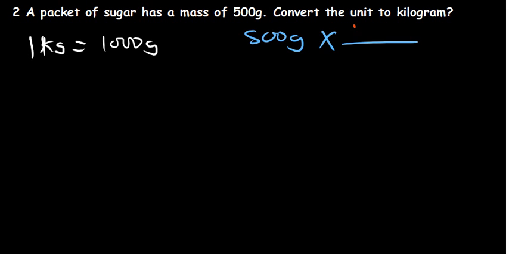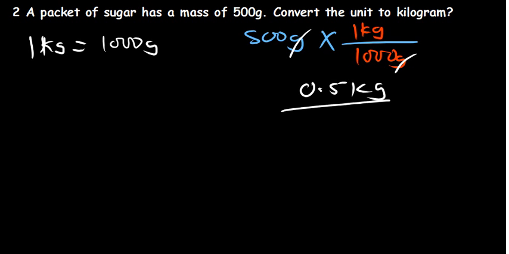In 1 kg, how many grams do we have? We have got 1000 grams. So now we can clearly see that gram and gram can go. Then it is 500 divided by 1000. So I'm getting 0.5 kg.